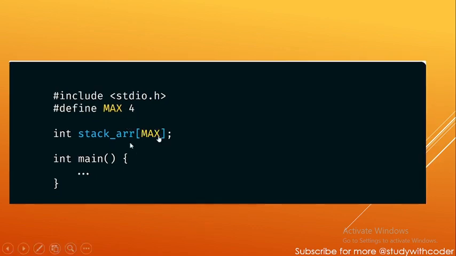So we define MAX 4, so we don't have to write 4 here. First we declare #define MAX 4, and next int stack array of MAX. Certainly, the int stack array contains 4 elements.